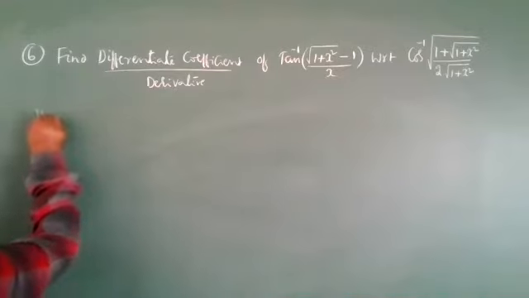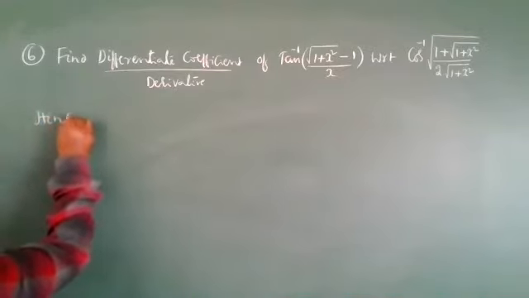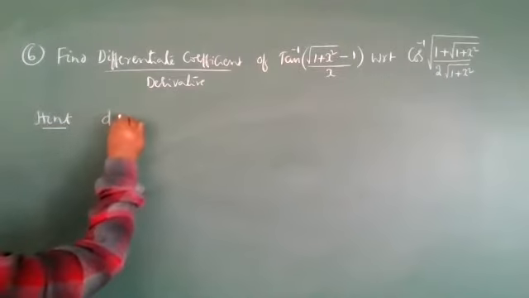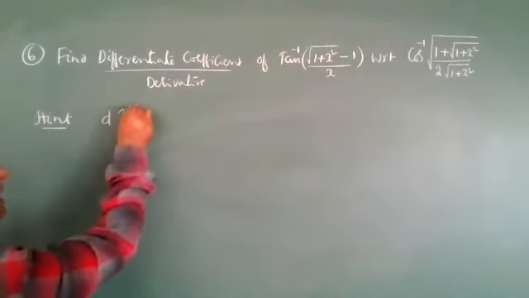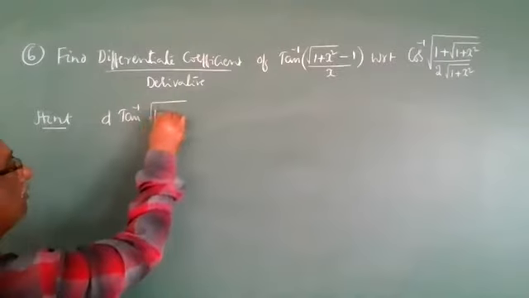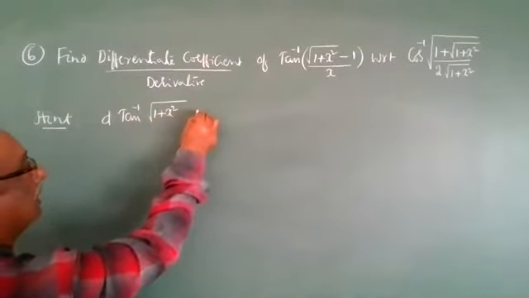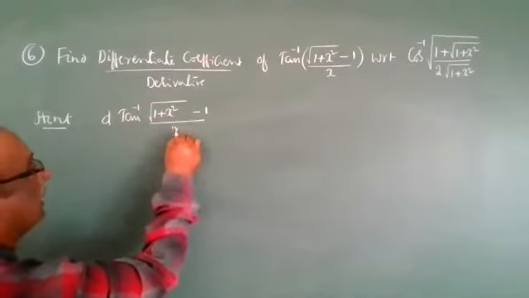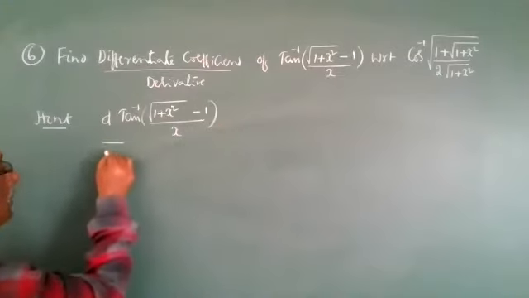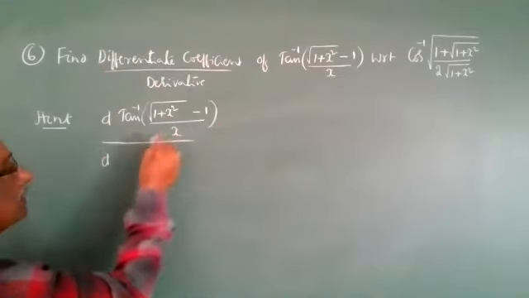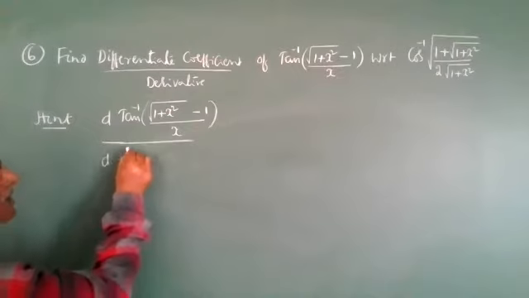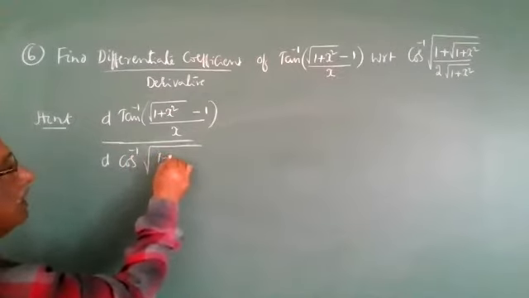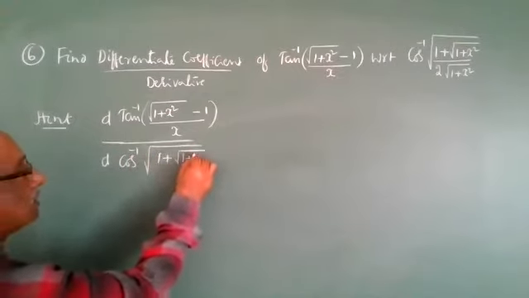First, I will write the problem: the derivative of one function with respect to another function. The first function is tan inverse of (root over 1 plus x square minus 1) by x. The other function is cos inverse of 1 by root over 1 plus x square.